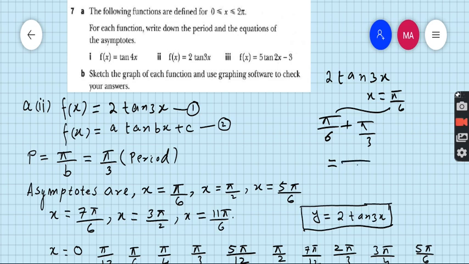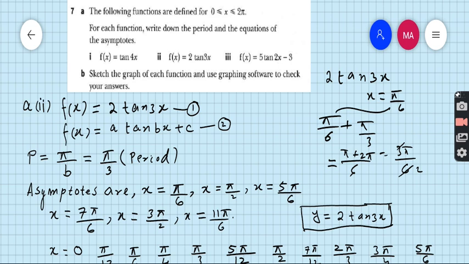Or take the LCM of 6 if you want to do it without a calculator: pi plus 2 pi is 3 pi, so 3 pi by 6, which is pi by 2.